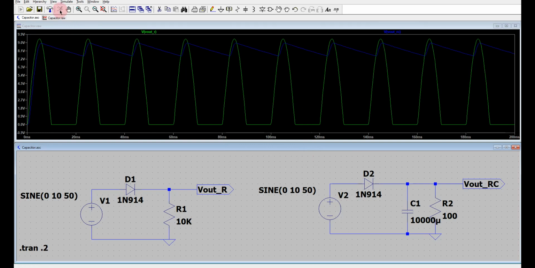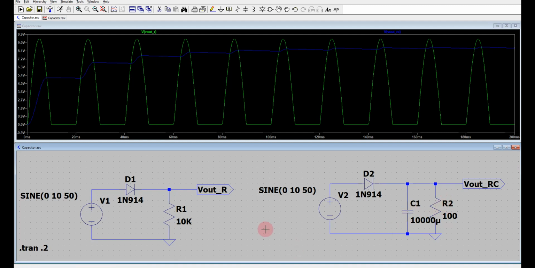If I do that, you see that now it is stable, it is able to hold more charge. But initially for this capacitance to get charged fully, it might take a longer time, because I have put 10,000 microfarad. In each cycle the amount of charge deposited will be limited, so it will take more time to stabilize. But once it gets stabilized, you will have a constant DC here.